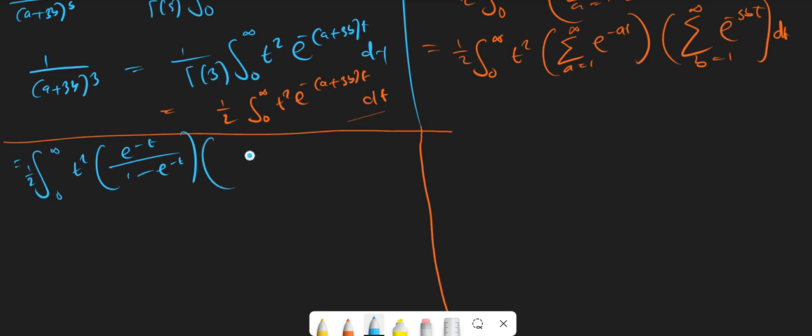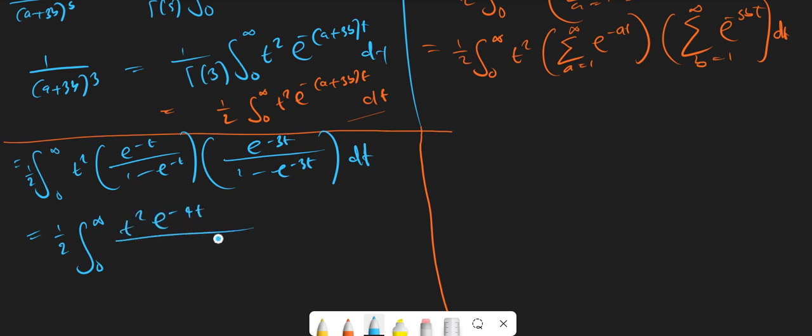And then you have multiplied by e to the negative 3t, all divided by 1 minus e to the negative 3t. Then you have dt, which is going to equal half the integral from 0 to infinity of t squared e to the negative 4t, all divided by 1 minus e to the negative t and 1 minus e to the negative 3t, then dt.